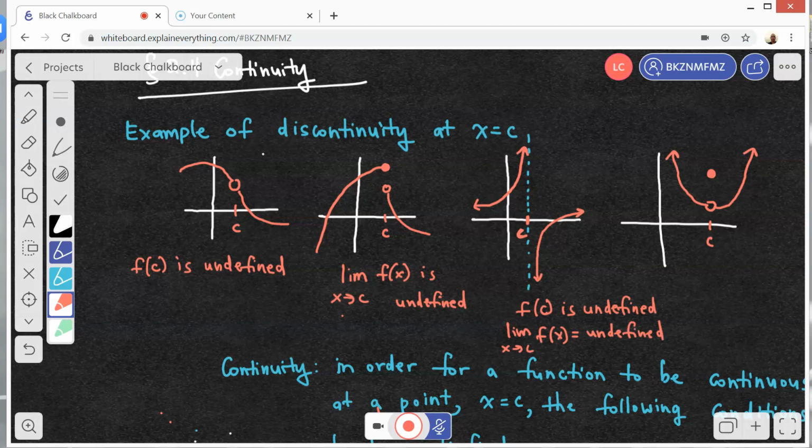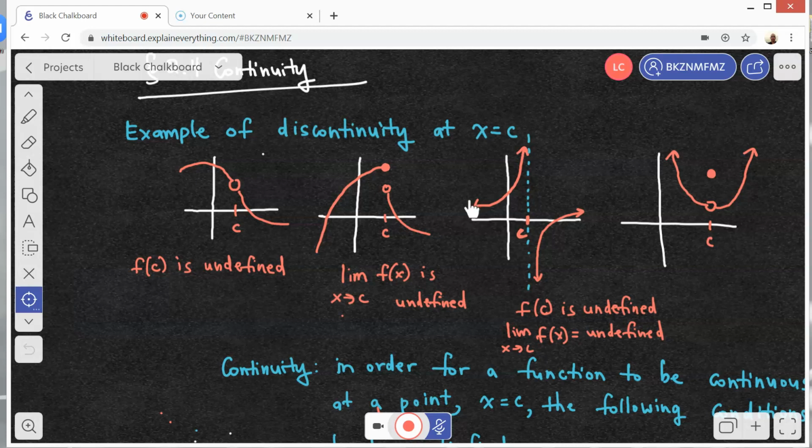So what we're saying is, if you follow the red graph from the left side, as you approach c, your y value is going up to infinity. From the right side, as you approach the x value of c, the graph goes to negative infinity. So you have the right side going down, down, down to negative infinity, and the left side going up, up, up to positive infinity. So we don't know what the answer is. Is it positive infinity? Is it negative infinity? We don't know. We say the limit is undefined.